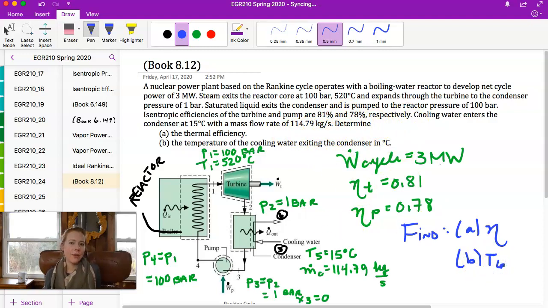Okay, so hopefully you've taken all this down, and I'm going to open up a fresh sheet so I have more room, and let's go through and analyze each state.